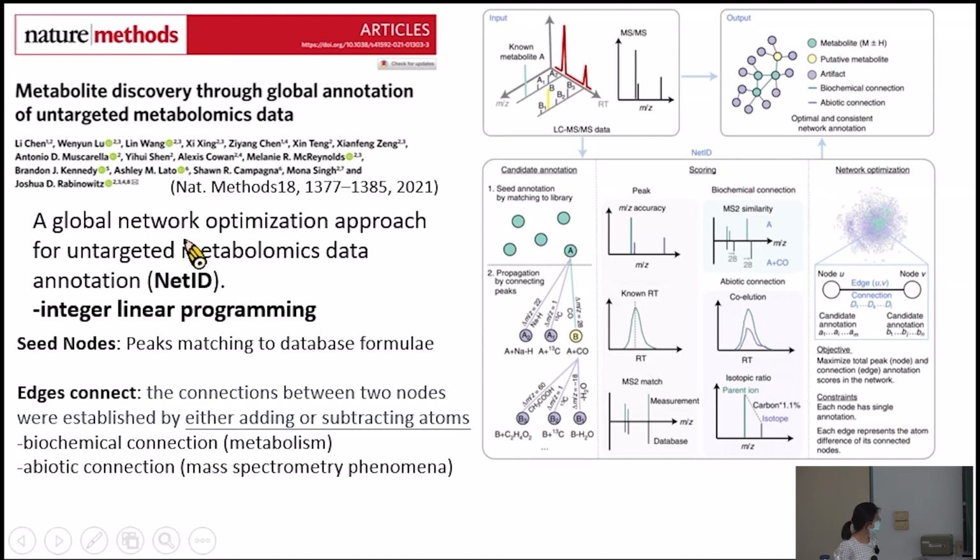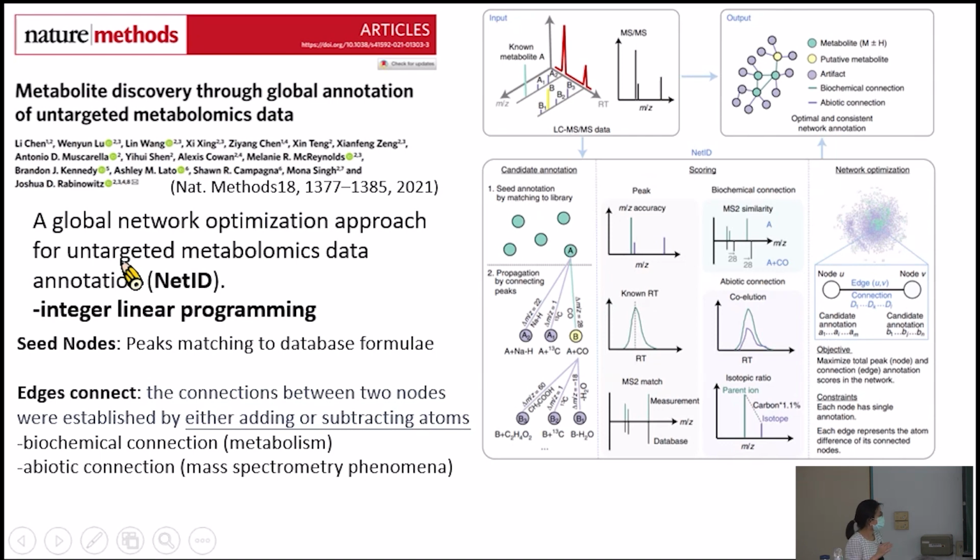We call this integer linear programming tool. And this tool has been used in other fields for the optimization analysis. So it's a kind of math, but it has been used in different types of fields for the optimization. So they use this in a metabolomics tool.